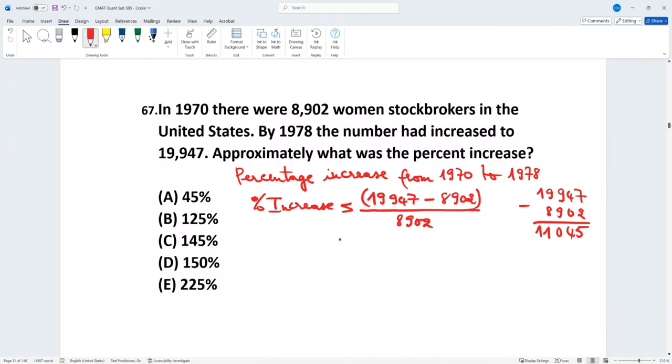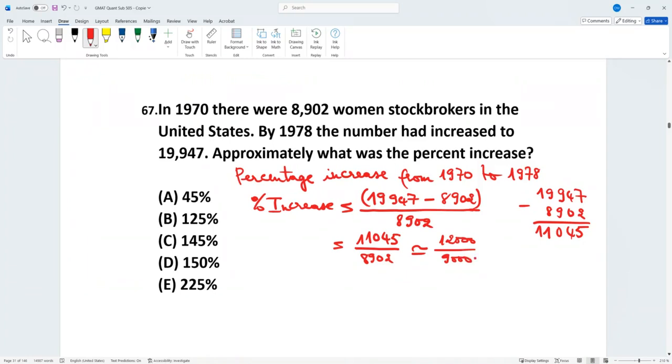Okay, so this is going to lead us to having value here 11045 over 892 like this, and this is approximately equal to, let's say, 12,000 divided by 9,000.